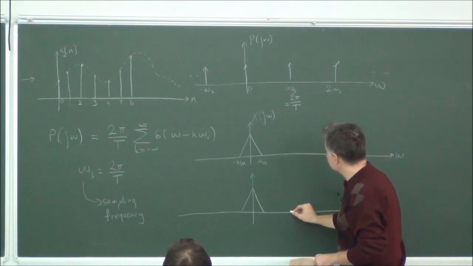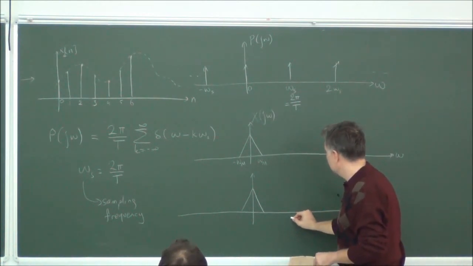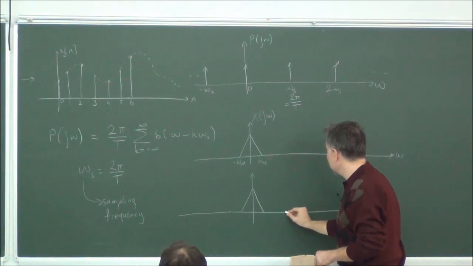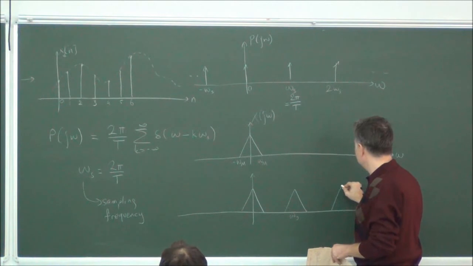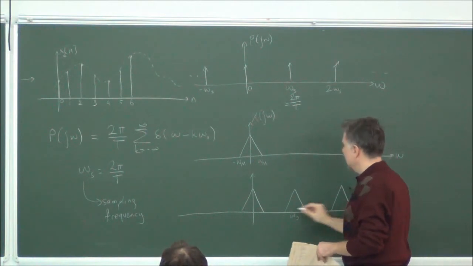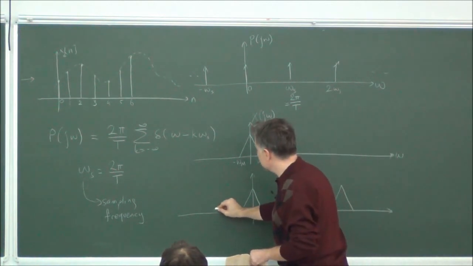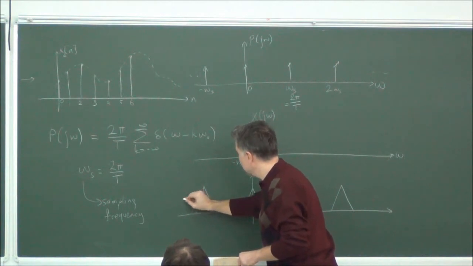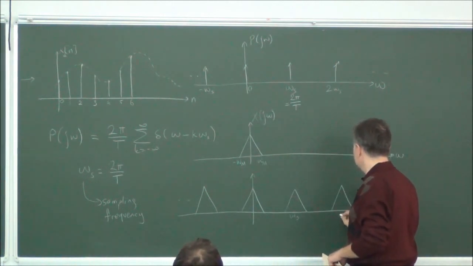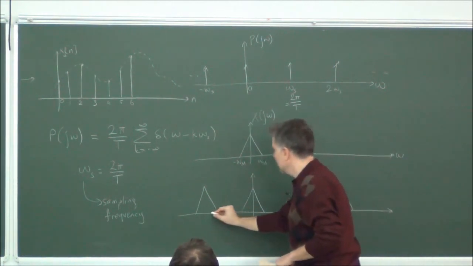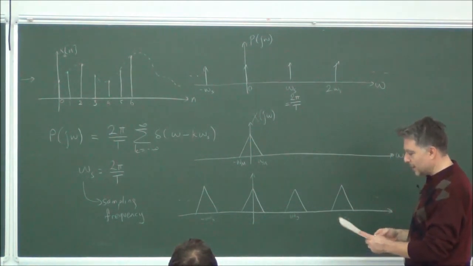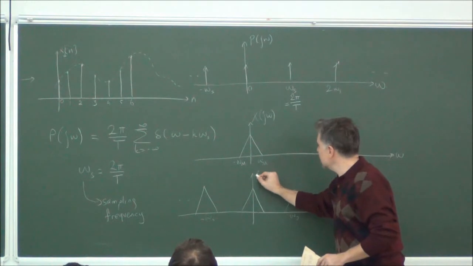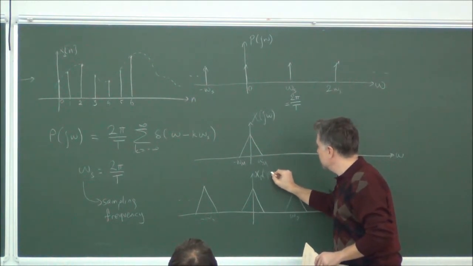There will be another triangle at omega s, another triangle at 2 omega s, etc. And it will be periodical now in the frequency domain. This is 2 omega s, this is minus omega s. So what is this? This is X p of j omega.